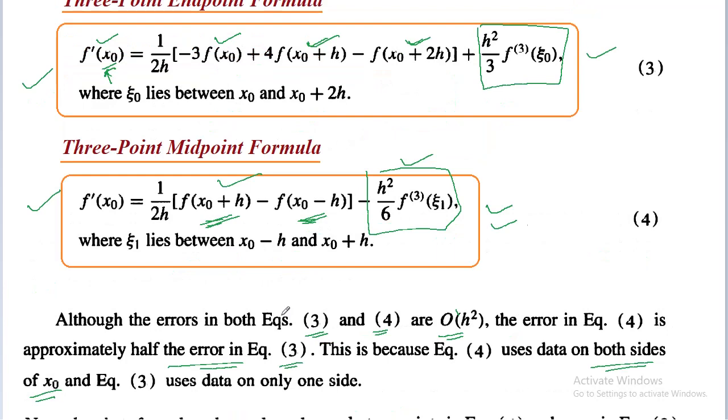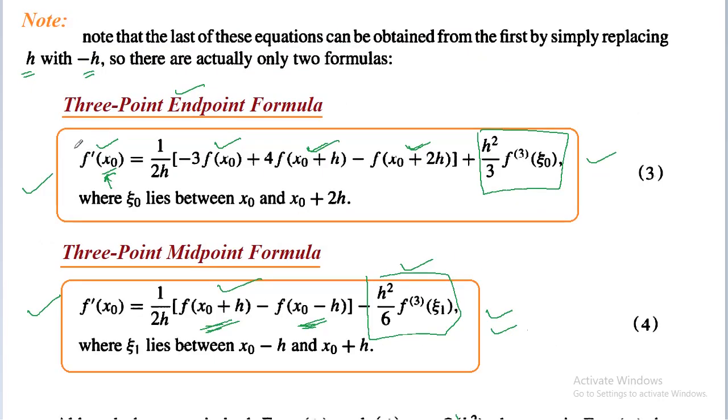To approximate f dash at the point x naught, we are using the points x naught plus h and x naught plus 2h. We are not using the values at x naught minus h, minus 2h, etc. That is, we are not using values outside the interval. So to approximate the derivative near the endpoints, we can use this formula. Now we can discuss a problem in the next lecture.